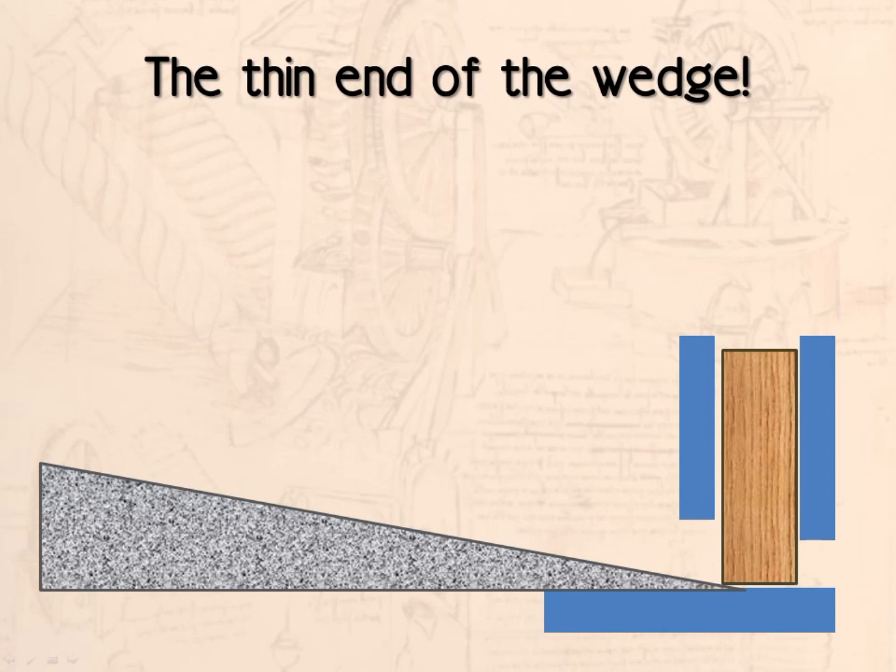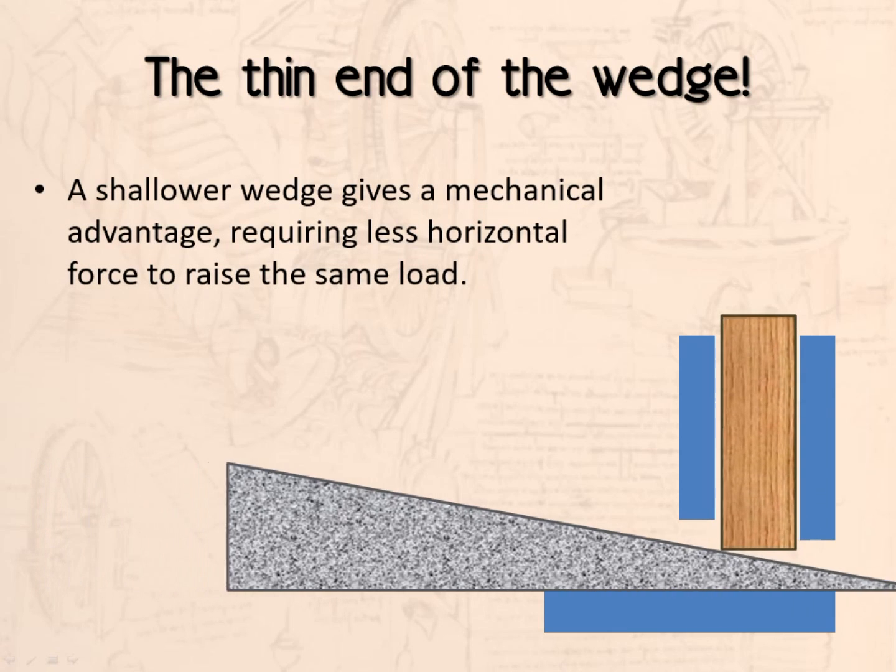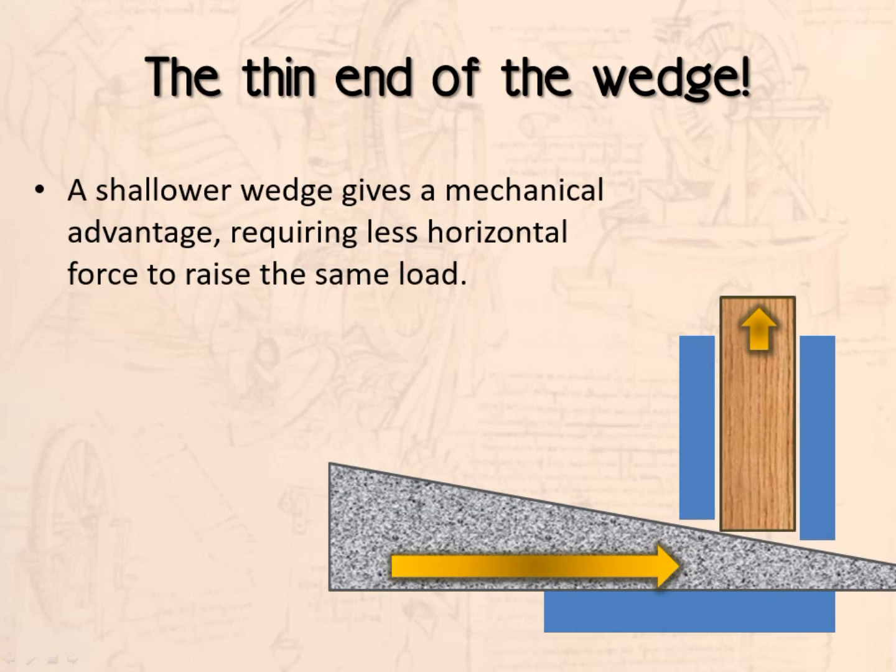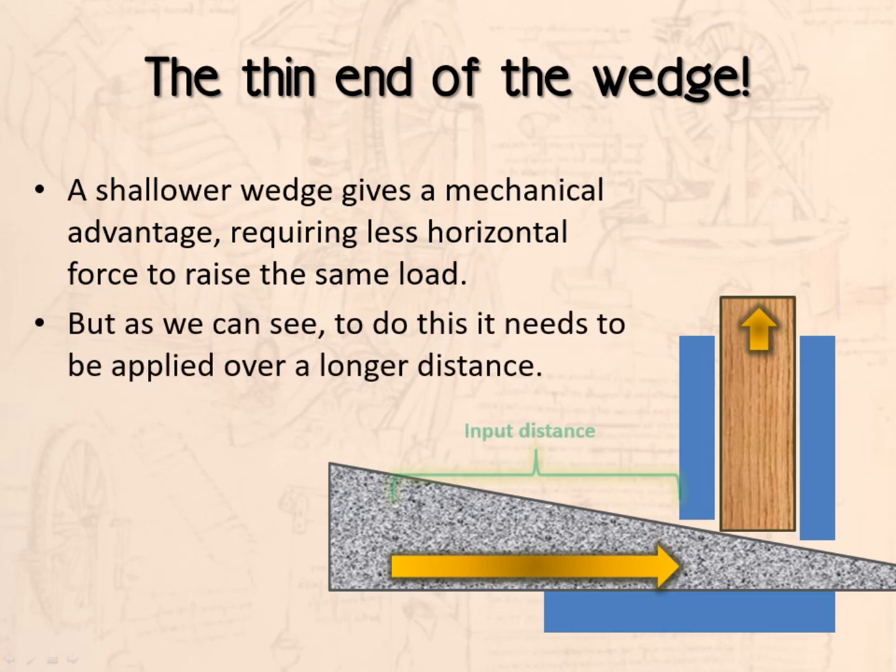So if we want to use wedges a bit more easily, we can make them longer, which allows us to put in a smaller force because we are doing small bits of work at a time. We're lifting the block more slowly. However, we have to put that force in over a longer distance.